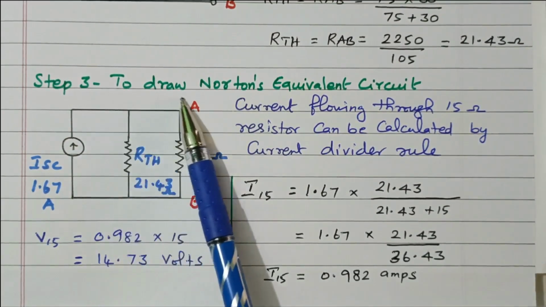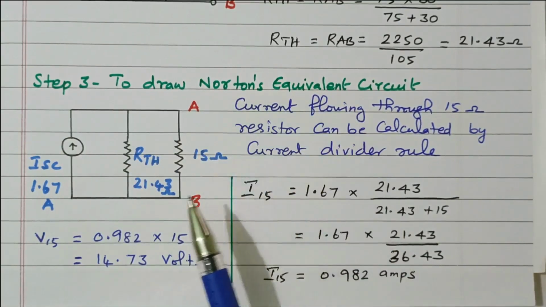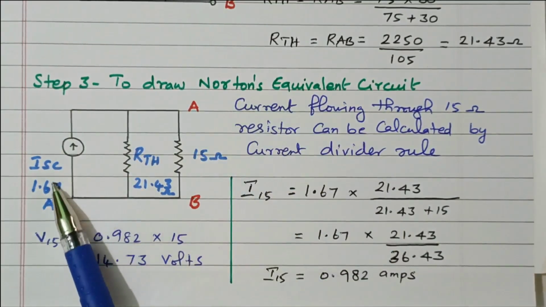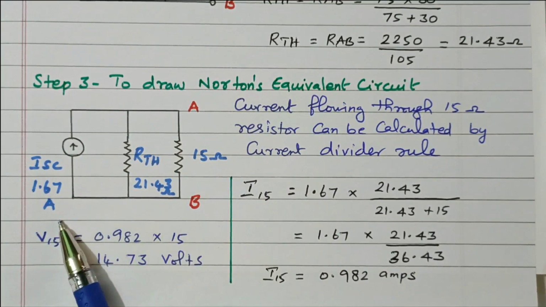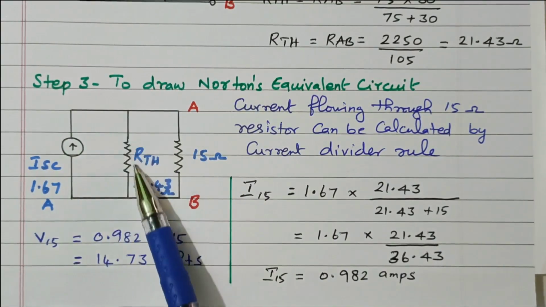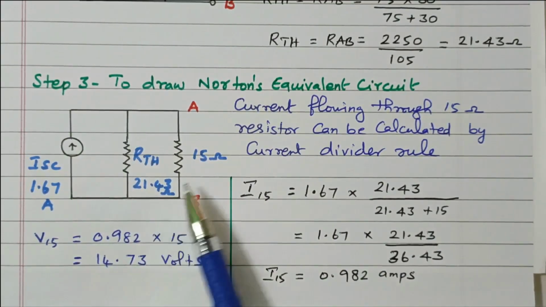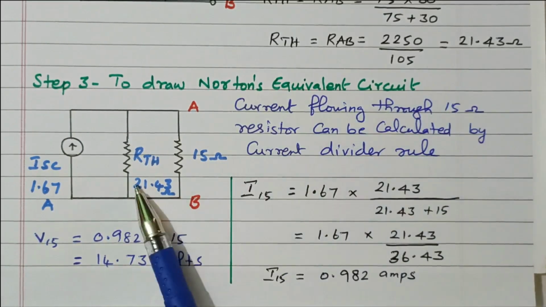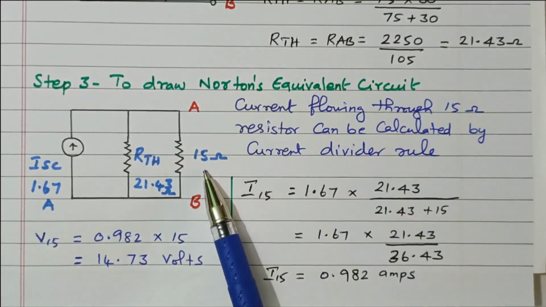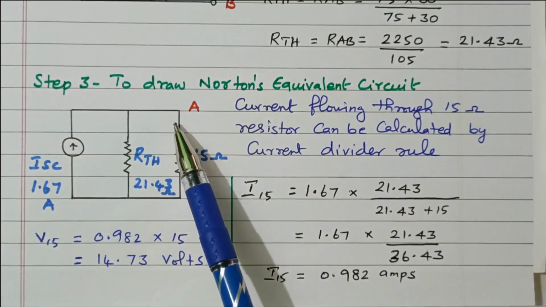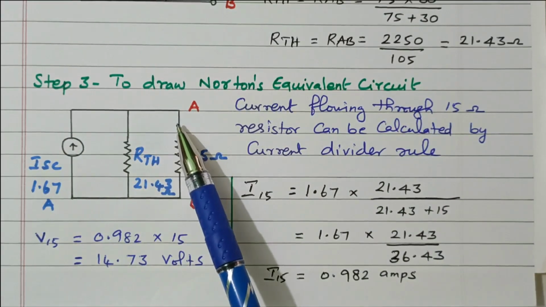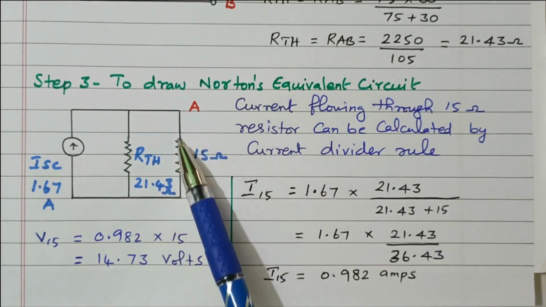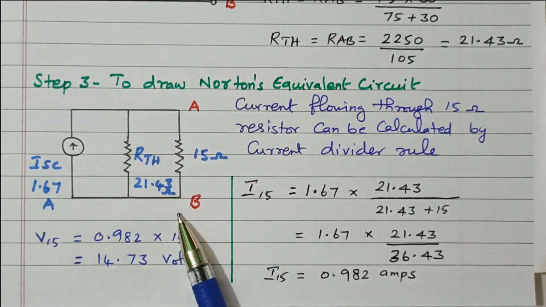So the step 3 is to draw the Norton's equivalent circuit. So this is the short circuit current 1.67 ampere what we calculated. This is the R Thevenin 21.43 ohm what we calculated now. So this is the load terminal 15 ohm. So our aim is to find the current flowing through this 15 ohm resistor.